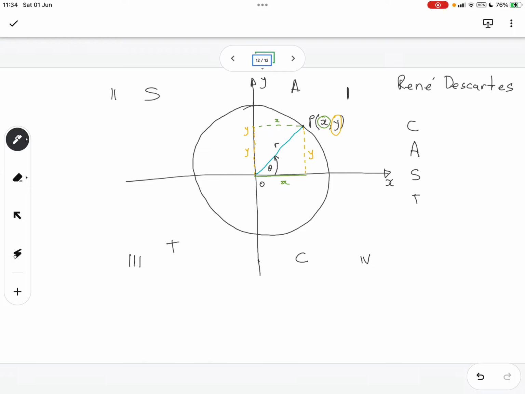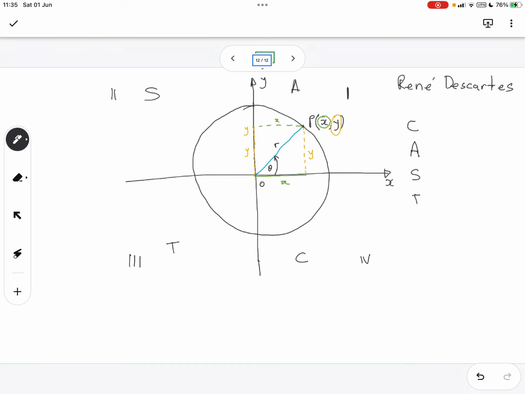And if we know the values of x, y, and r, then we can locate where on this Cartesian axis system that angle is situated. It can be in this quadrant or that quadrant. It doesn't matter, because we are learning how to identify, how to spot where that angle sits.